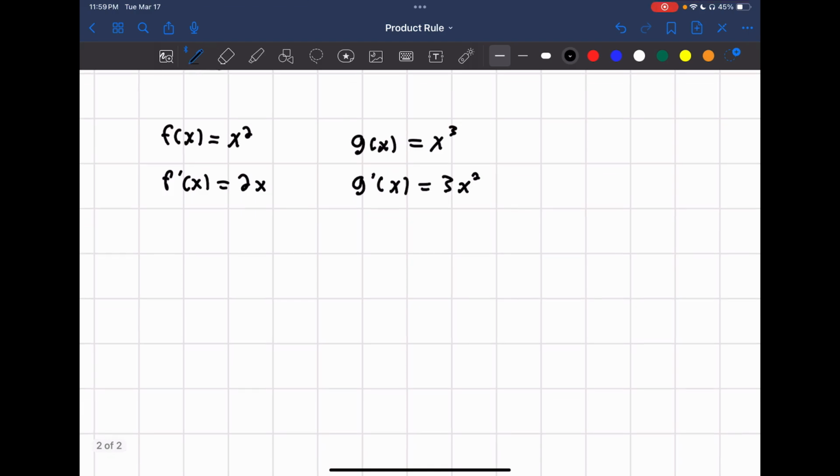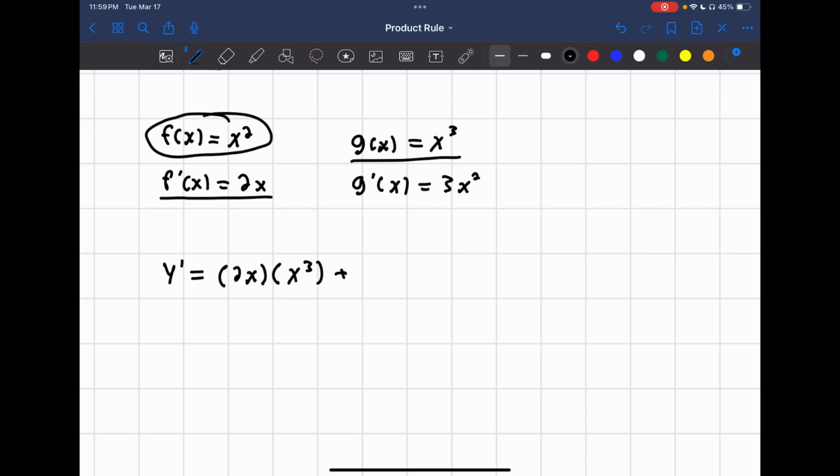And using the same formula, we would have f prime of x times g of x first. So y prime will be 2 times x times x to the power of 3, sorry. And we would have f of x times g prime of x, which is x squared times 3 times x squared.